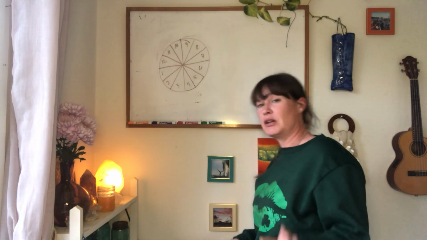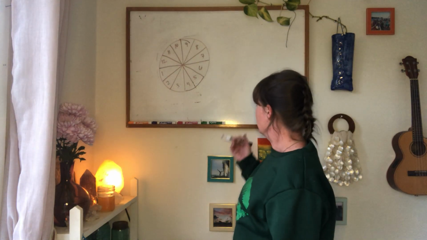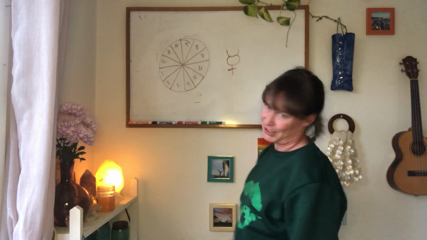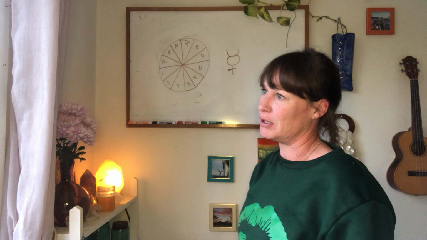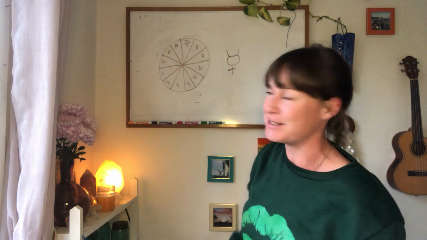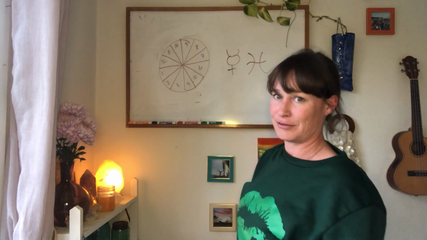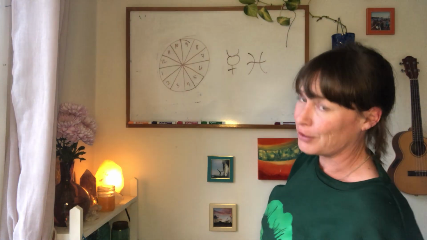Okay, enough. So, Mercury retrograde. Mercury, that cutie patootie, is currently transiting through the sign of Pisces. The fish. Those cuties.